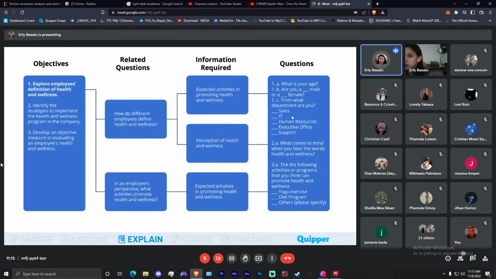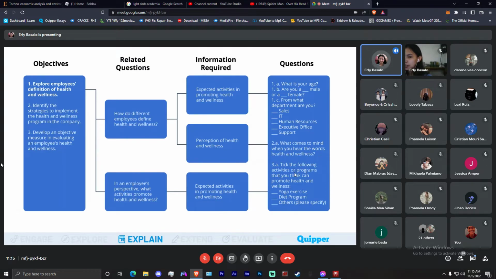Since we are using quantitative research, you have to provide the facts, the domains, for your participants to select which department they belong to. Or if they are students, you have to provide what section they belong to. Next, what comes to mind when you hear the words health and wellness?